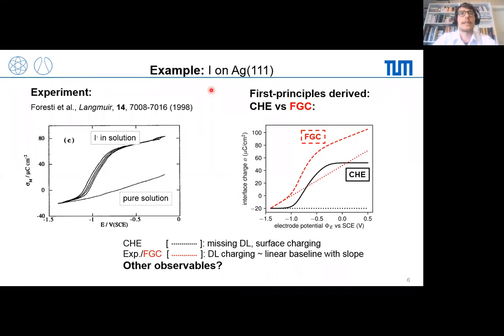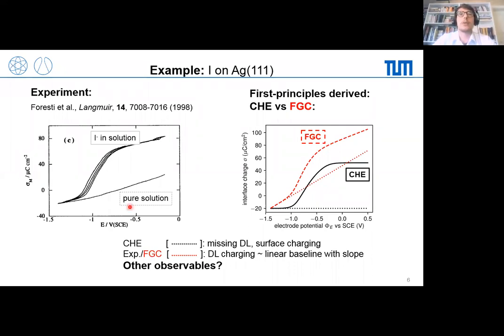This example is a very simple system: just a silver 111 electrode in solution, potentially with ions dissolved in the electrolyte solution. You see the experiment here on the left side. You put the electrode in solution, apply a potential, and measure the electronic charge density on the surface, or the surface charge in essence.